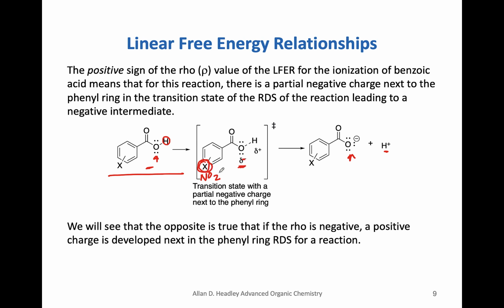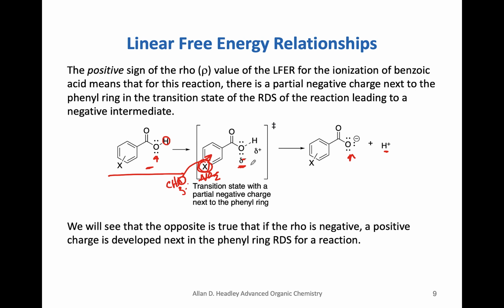state, because if you put, for example, an OCH3 here, you can see that these electrons are donated to the ring and destabilize that transition state.